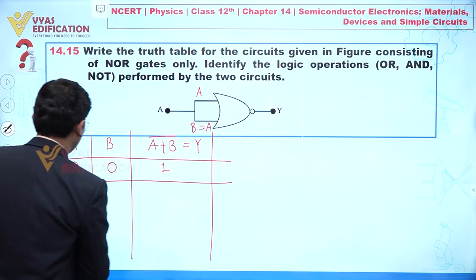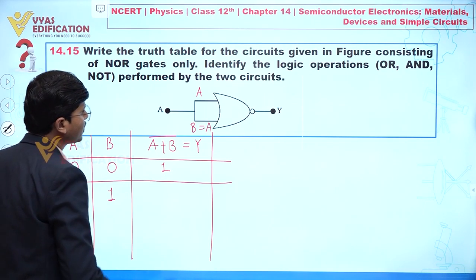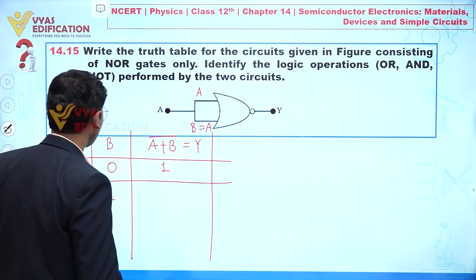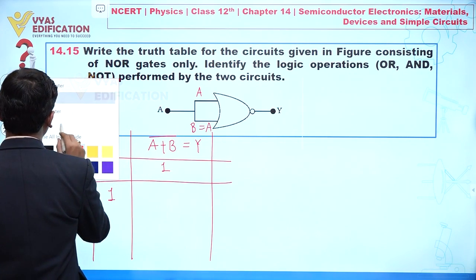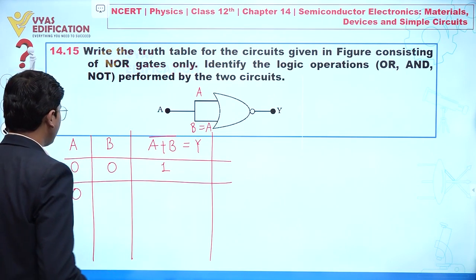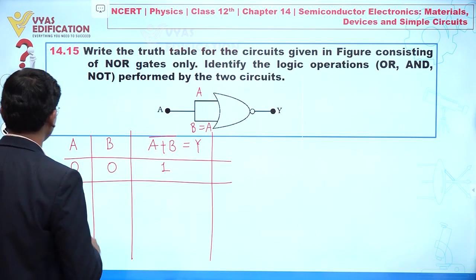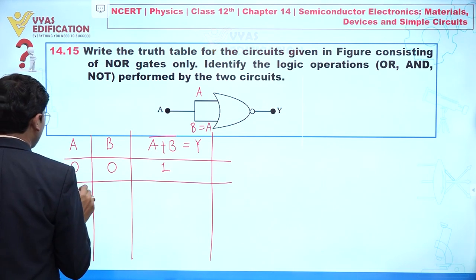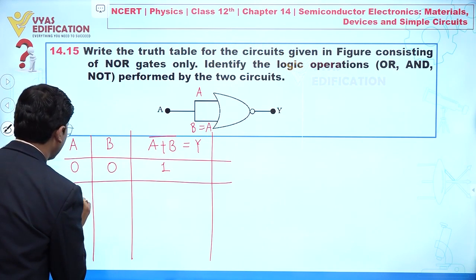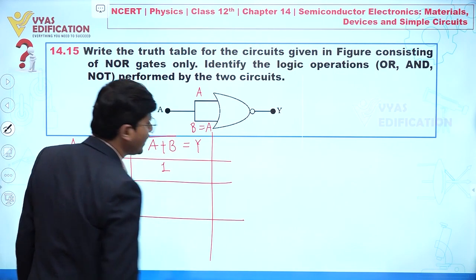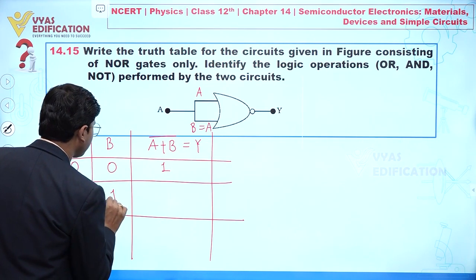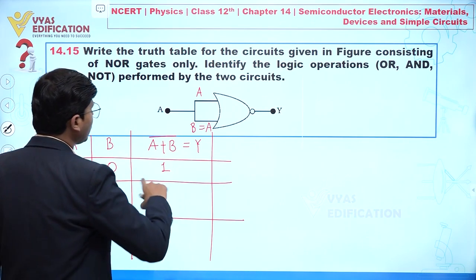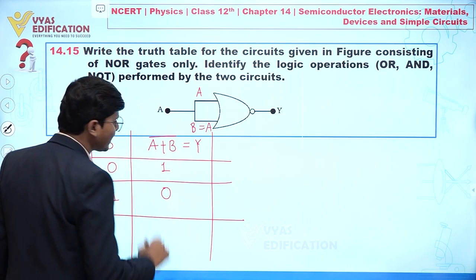When A equals 0, we have B equal to 0. Now let's suppose I am taking A equal to 1. At the same time B is also equal to 1. So A or B is equal to 1, but we are getting 0.